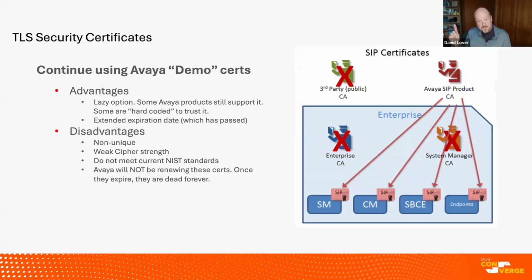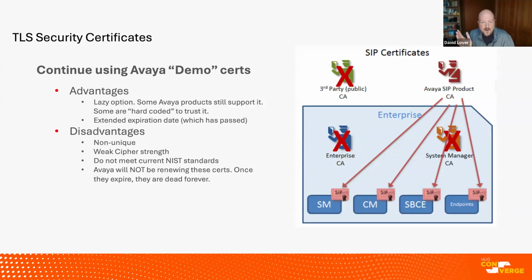However, when your remote worker SIP hard phone needs to talk to Session Manager, that's now public. So we may find that we've got different strategies depending on the zones we need to deal with, to either make it inexpensive or easier to deal with, or just the logical approach. So we'll talk about some of these.